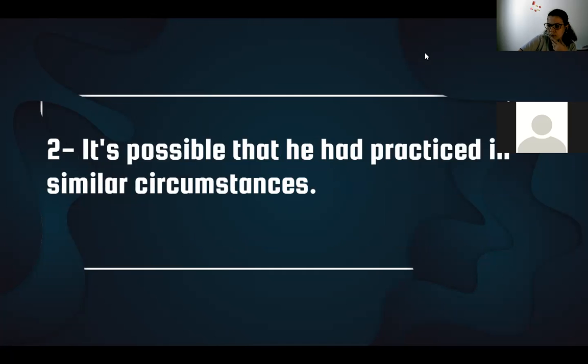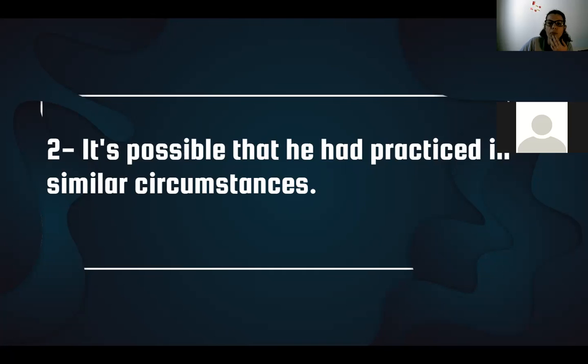Number 2, it's possible that he had practiced in similar circumstances. What's the word here that says it's a possibility or impossibility or a strong possibility? No, Gustavo, it says it's possible. It's a possibility.